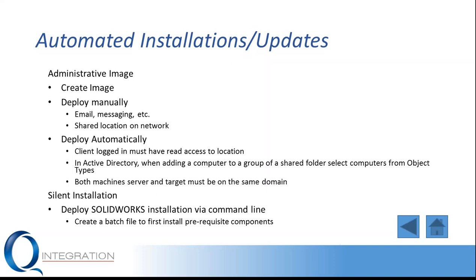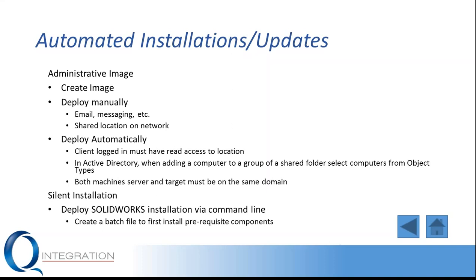And then also one that I think is missed quite often, so if you're having problems with the automatic deployment, take a look in Active Directory when you're adding a computer to a group of a shared folder. You want to make sure that the computers option from object types is selected.